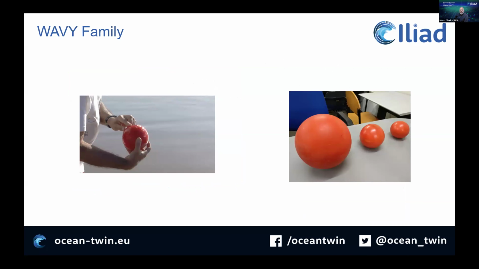Just for you to get a sense of the sizes of the drifters, on the left image we have a little one, a little bit bigger than one hand. On the right you can see three different sizes of the drifters. The leftmost one is the ocean one, which has capacity for at least three to four months of battery and communication through satellite.